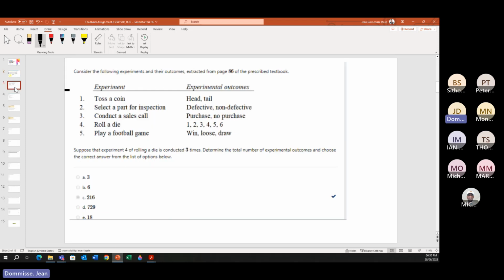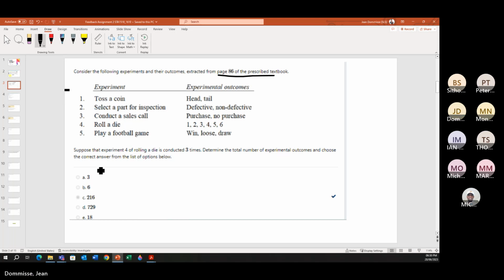Okay. Next one. So interesting that I tell you that. So they talk about the experiment and outcome.